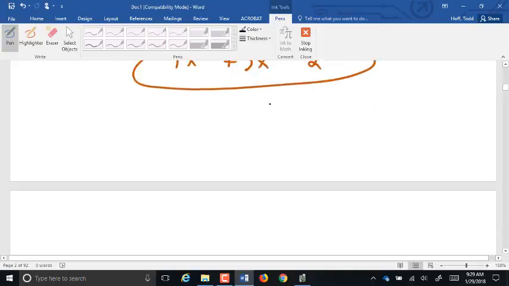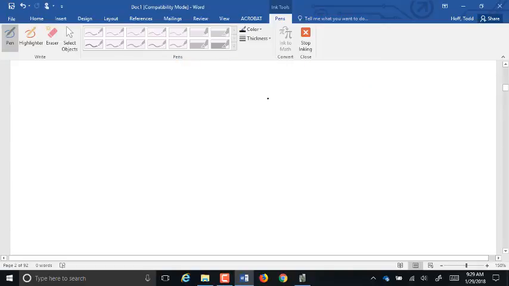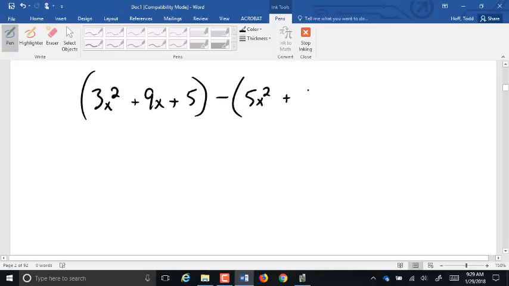So then the next step is to add with these algebraic numbers, to subtract with these algebraic numbers. So let's take a look at something like 3x squared plus 9x plus 5. And we're going to subtract from that 5x squared plus 2x plus 12.